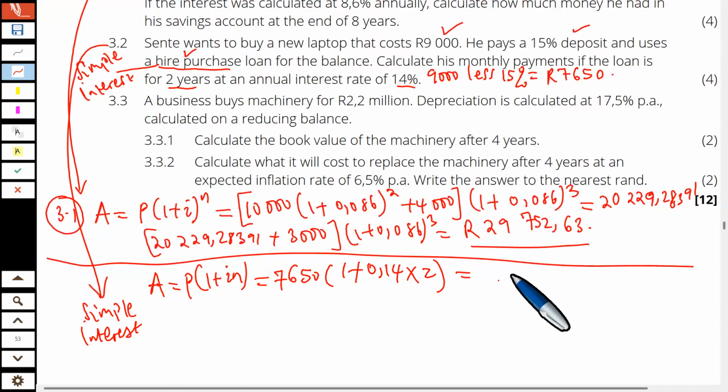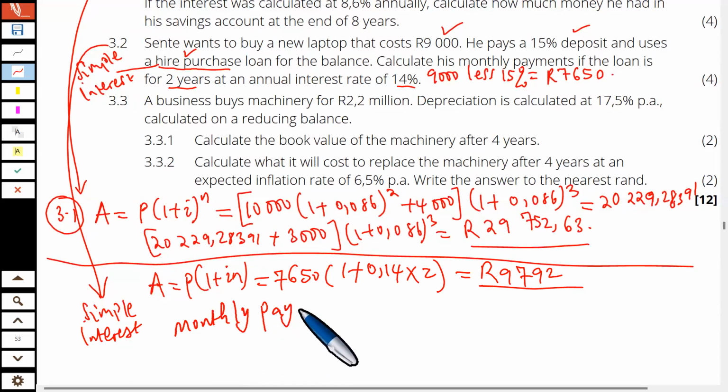So as a consequence, what we're getting is that he takes a loan of 7,650 and is going to pay back more, 9,792. That's what he's going to pay, 9,792. Monthly, how much is he going to pay? Because we must calculate his monthly payments. Right, what are the monthly payments?